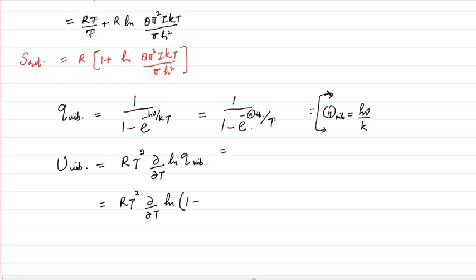If you take this denominator to the numerator, you can write simply (1 minus e raised to the power minus θ vibrational upon T) whole power minus 1. So we will simply introduce this value here.